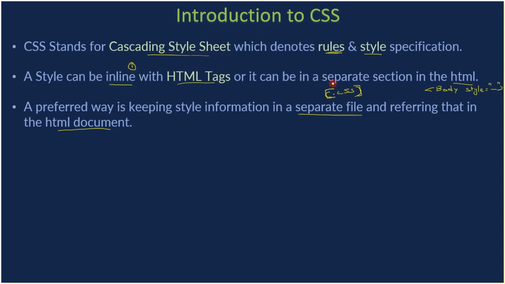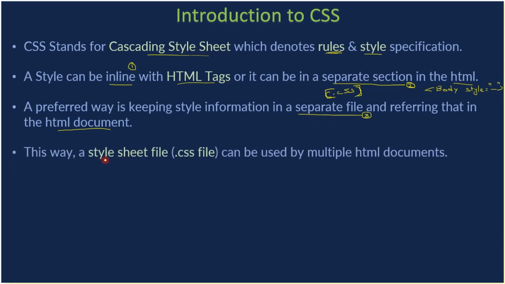The other one is having a separate section in the HTML itself, and you can keep the CSS styling inside this section, or you can have a separate CSS file and refer that in the HTML document.